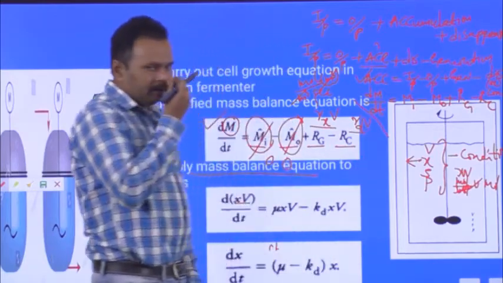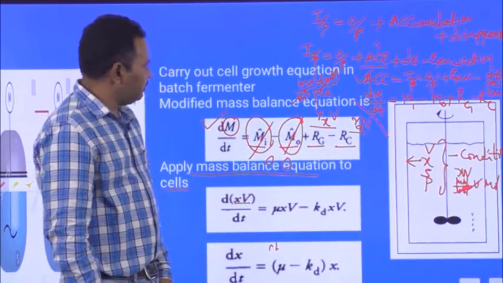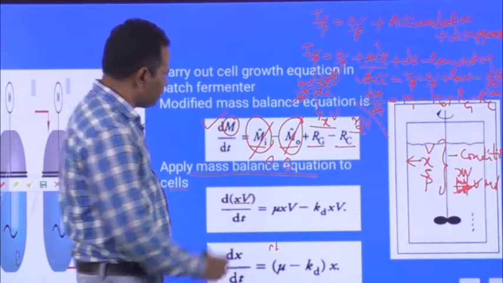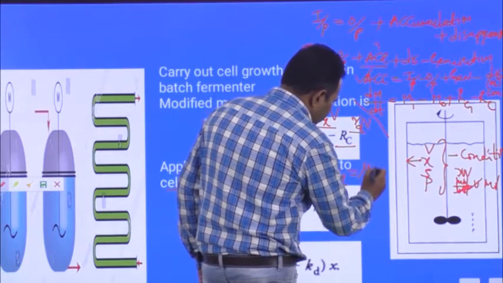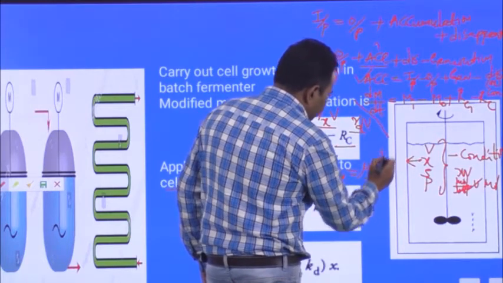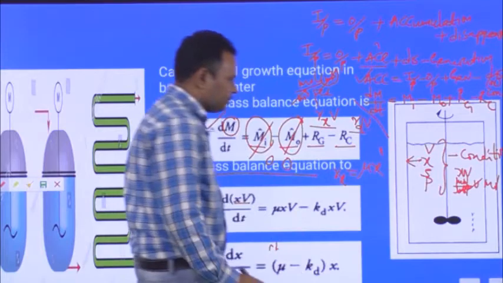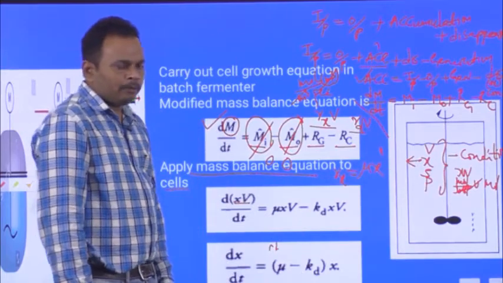Again, according to the Malthus equation, for the rate of generation of the cells we always consider Rx equal to mu x. This is first order kinetics: Rx equal to mu x to the power of 1.